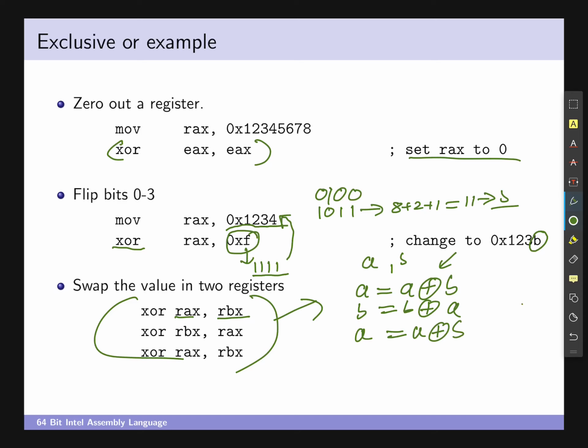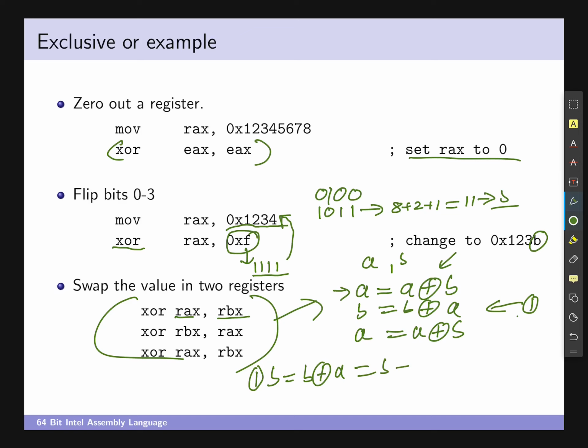Okay, now I want to actually try and show that this will actually do the swap. So let's start with this first one over here. Start with B to see what will be stored in B, because you see I don't change B again after this instruction. So it's a good place to check that things are working as I expect. So let's write this out in a bit more detail. B is equal to B XOR A, but you see that A got replaced in this line over here.